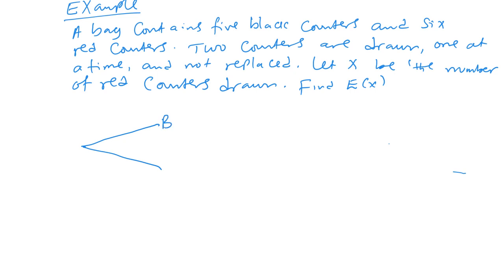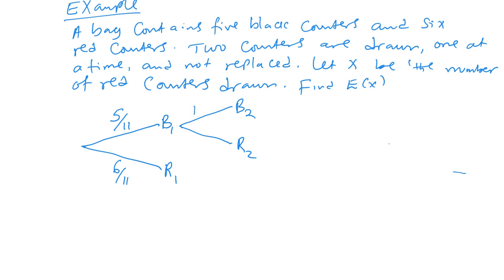The probability of picking the first black is 5 out of 11, and the probability of picking the first red is 6 out of 11. When you pick the first black and you are not putting back, then you can pick the second black, or you can pick the second red.